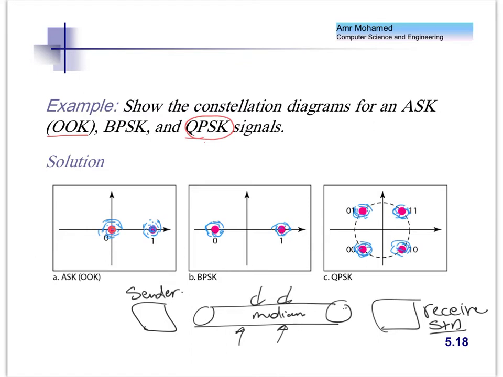So as we can see, for binary phase shift keying, the distance between the two clusters is much wider, right? Why? Because now we can use the phase and the negative phase to represent the 0.